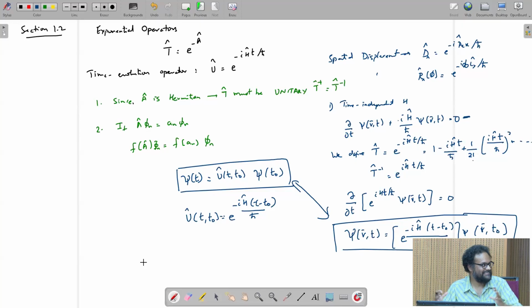Maybe I'll expand it. Okay, clear? In fact, you can expand it out, and because you know the solutions for this Hamiltonian, this is simply equal to e to the power of minus iE_n(t minus t naught) over h cross.